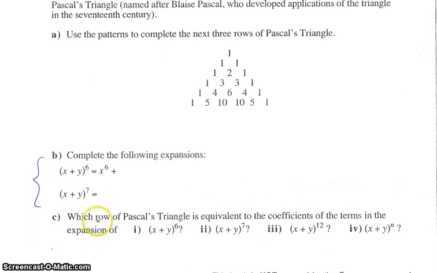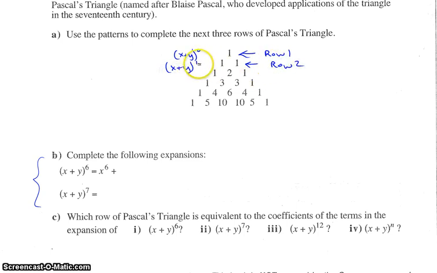But so we'll come back to how to do that, okay? Which row of Pascal's triangle is equivalent to the coefficients of the terms in the expansion? So this would be called row 1, and that would be for x plus y to the 0. Next one, x plus y to the 1, but it's row 2.